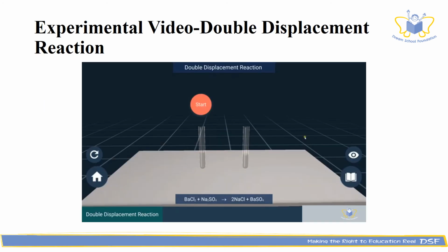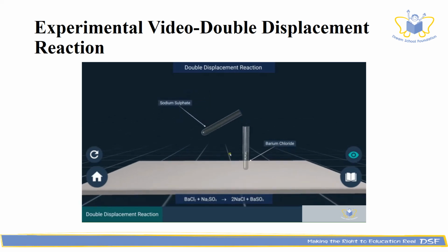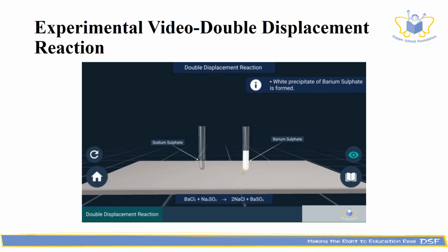Watch an experimental video on double displacement reaction. What is a double displacement reaction? Let's perform an activity to understand this. We have taken sodium sulfate and barium chloride in two test tubes. Mix these two solutions and observe. We can observe that a white precipitate of barium sulfate is formed.